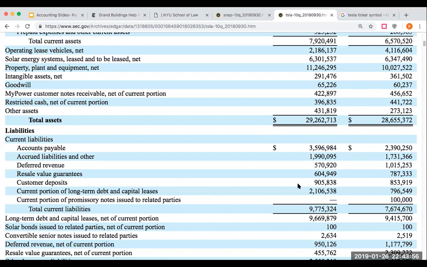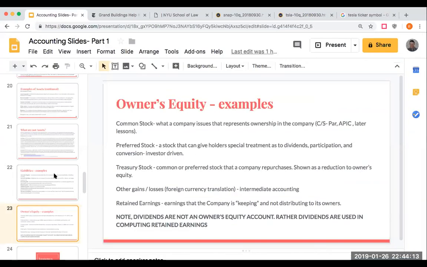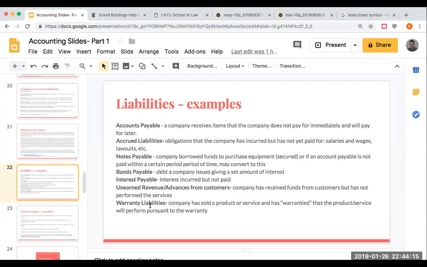The customer deposit is somebody has given money to the company essentially for a future purchase. Again, those are both examples of liabilities where the company has received money but has not yet performed the service yet.